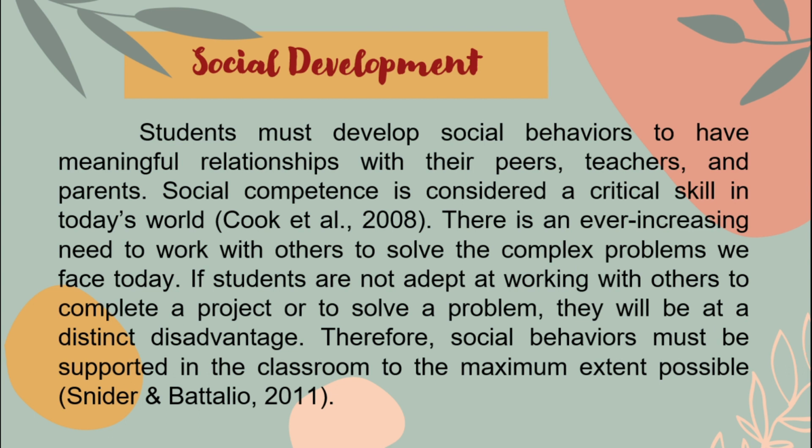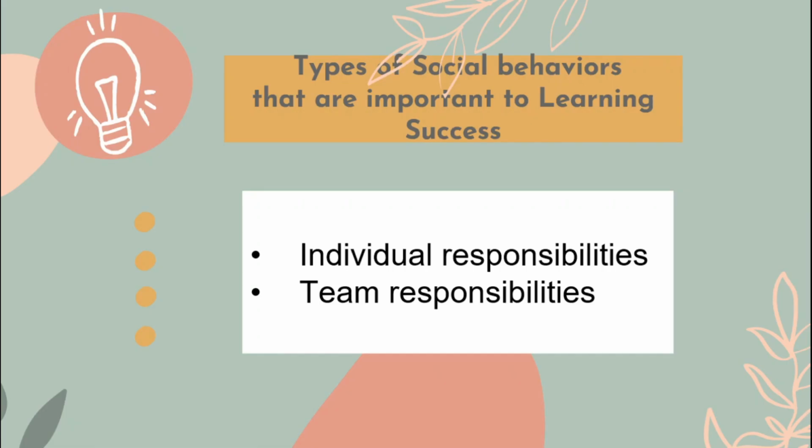Working with their peers allows them to express what they know and that collaborative learning takes place. So here are types of social behaviors that are important to learning. The first one is individual responsibilities. And then the second one is team responsibilities. Both of these, if this takes place in the classroom, learning success is achievable.